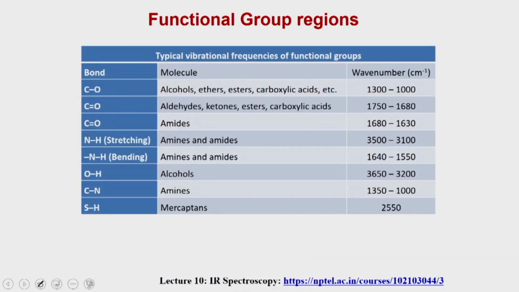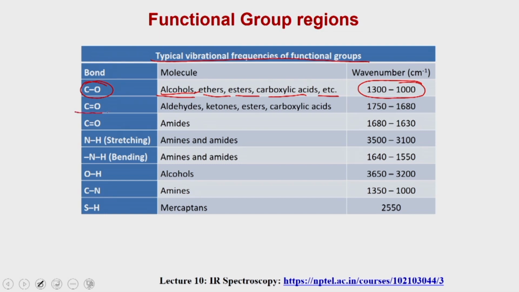Now, what you see is the vibrational frequencies of the functional groups. If you have the C–O bond, which is present in alcohol, ether, ester, carboxylic acid, etc., it is going to absorb in the range of 1300 to 1000 depending on the different types of molecules.